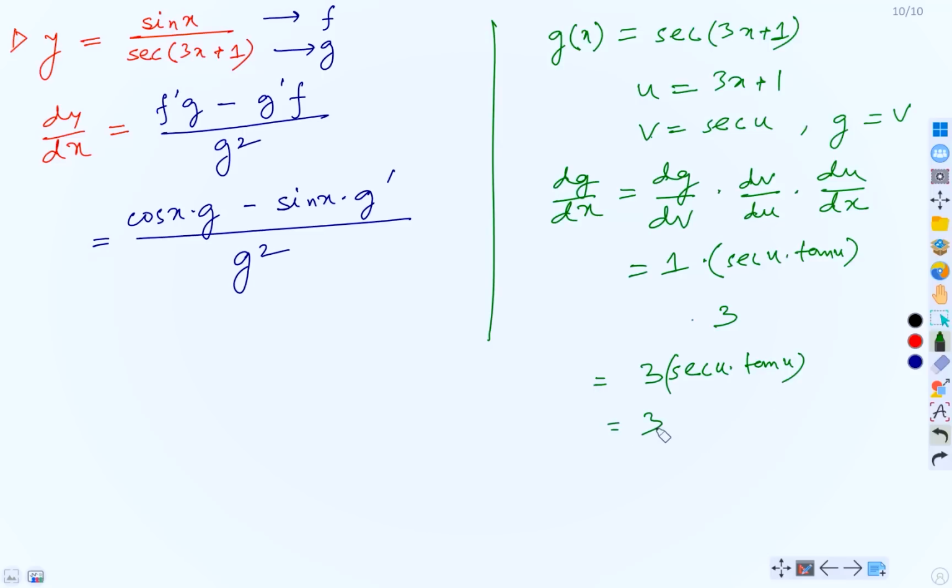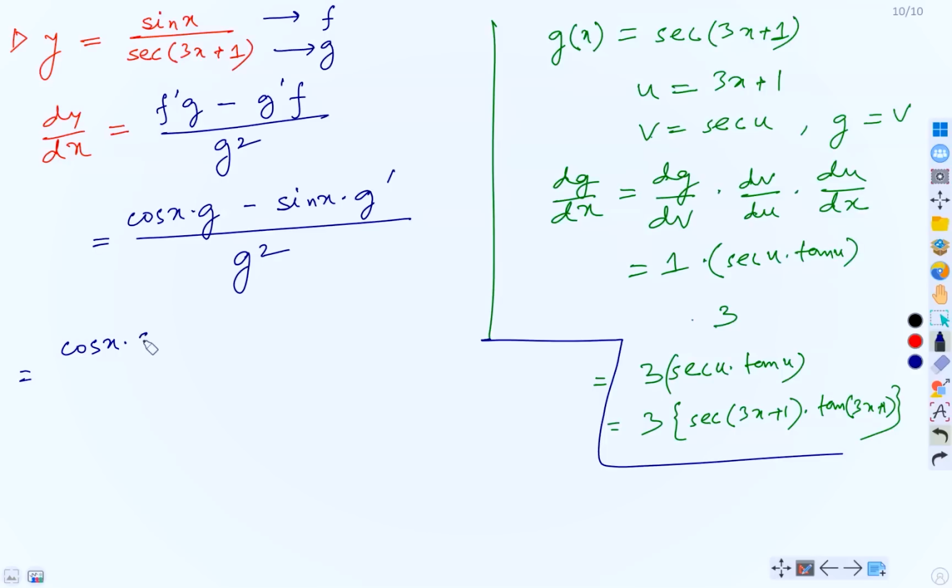Now substituting the value of u, you have secant 3x plus 1 times tangent 3x plus 1. Okay. Now substitute the value here and then you are done.